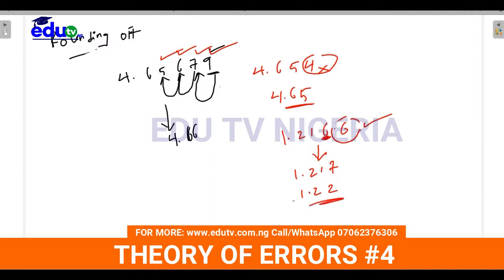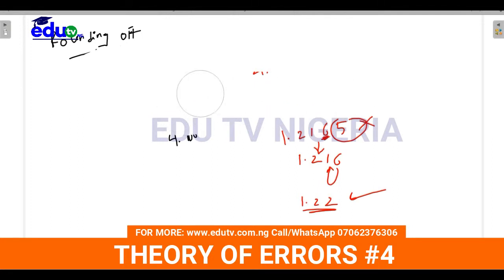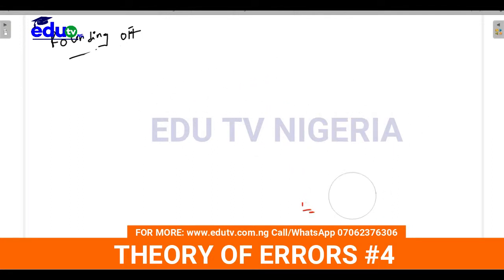But since this is 5, you can round it off, so 5 is struck out. We have 1.216, like you're giving a pathway. This adds 1, so you have 1.22. Remember these rules, these combinations, these guidelines, and you'll be fine. So that's rounding off.